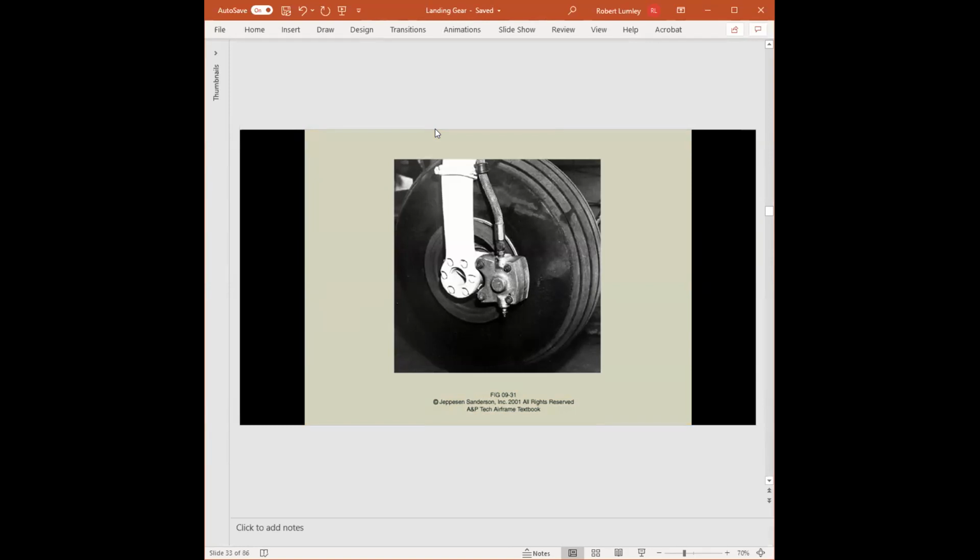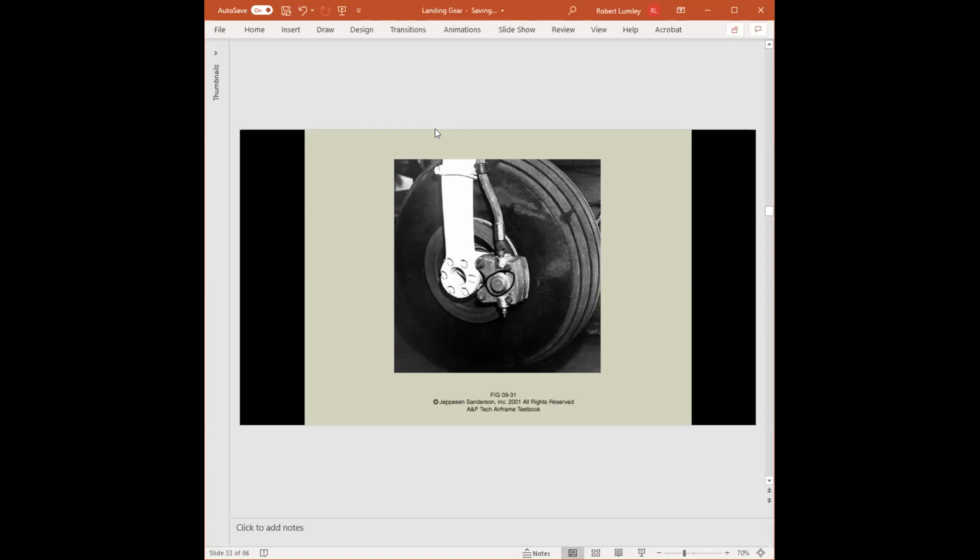Remember, if we have a fixed disc, the caliper is floating. And so we saw yesterday that there's two slide pins, one upper, one lower, that slide in the holding mechanism so that it can slide in and out. This also has a single piston.